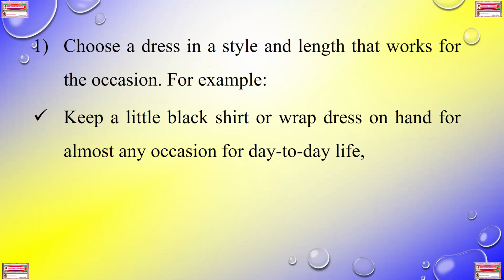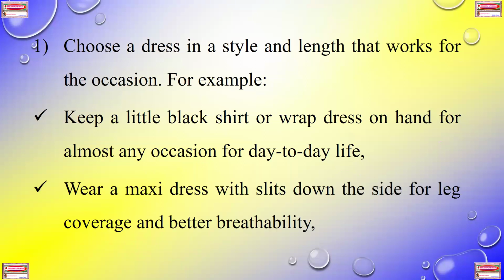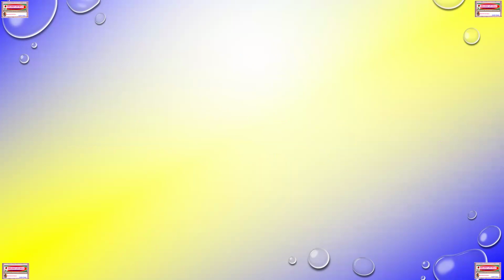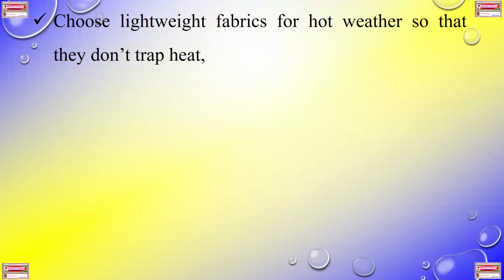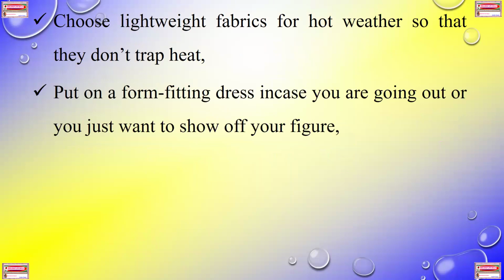For example, keep a little black dress or wrap dress on hand for almost any occasion for day-to-day life. Wear a maxi dress with slits down the side for leg coverage and better breathability. Choose lightweight fabrics for hot weather so that they don't trap heat.